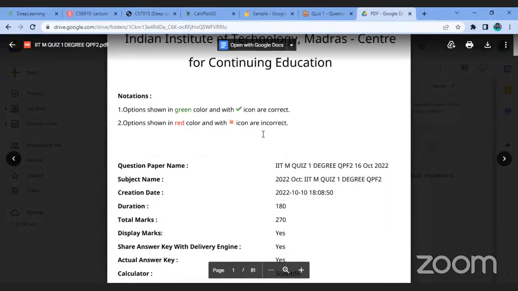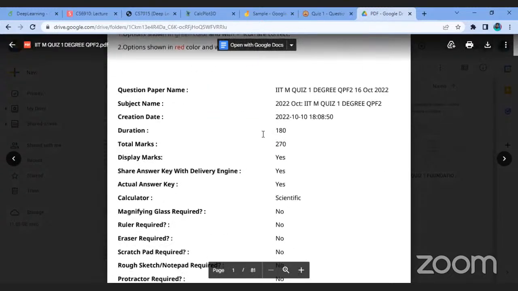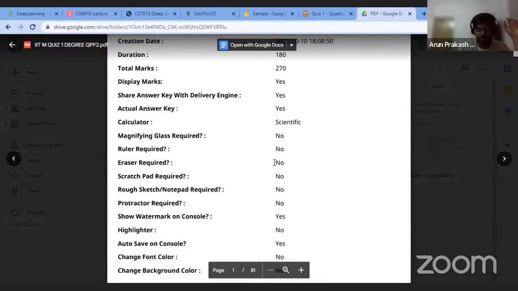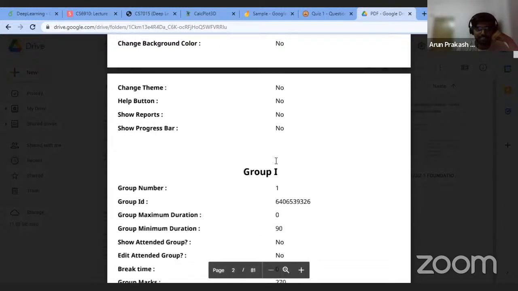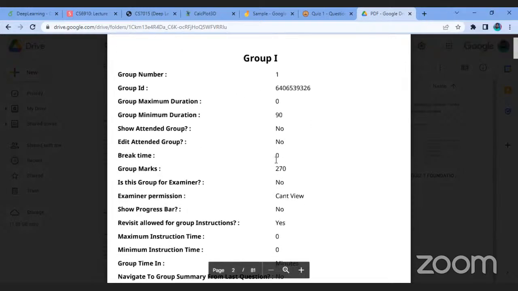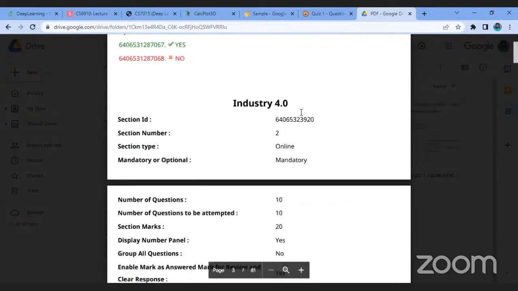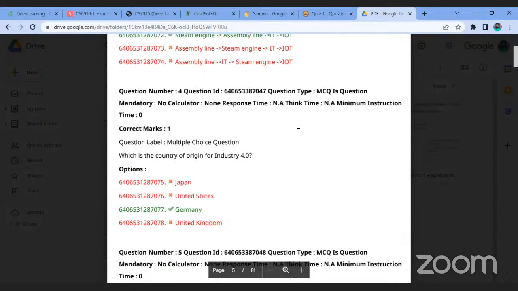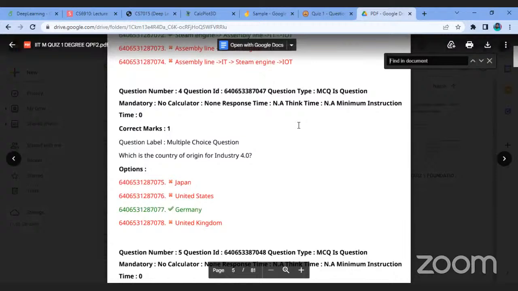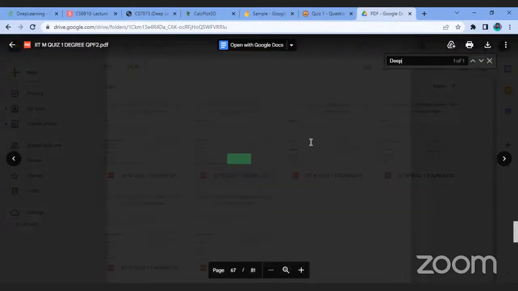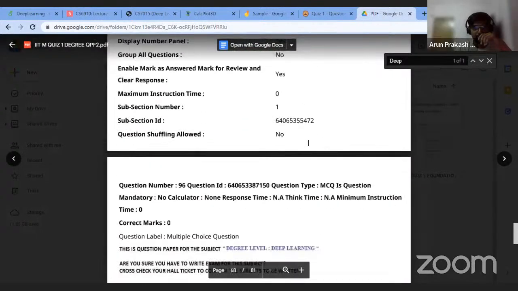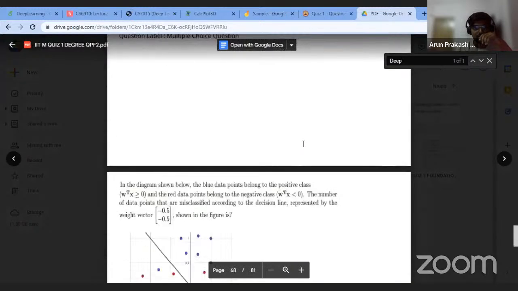So questions are different in different sets; we just change the values. It is not totally different questions. Just go to the end, because deep learning is at the end of the question paper. So search with Control F, type deep learning. Come down. Stop here.